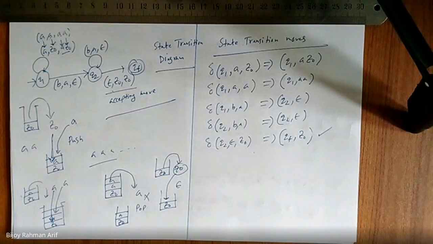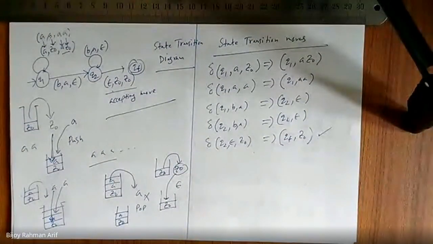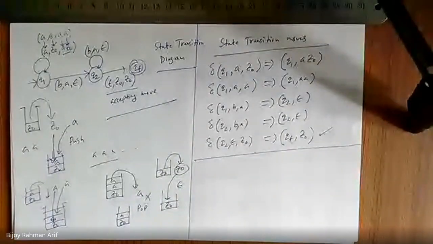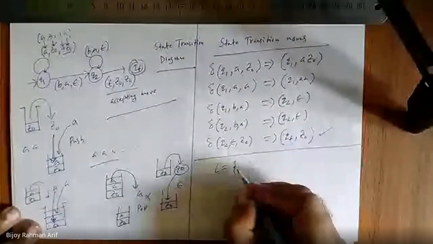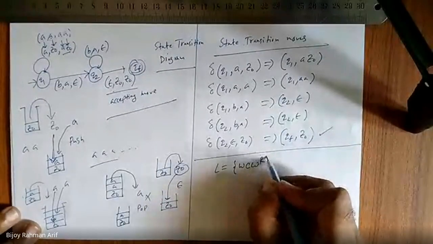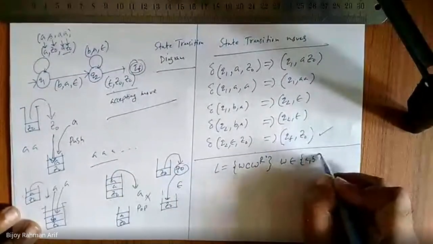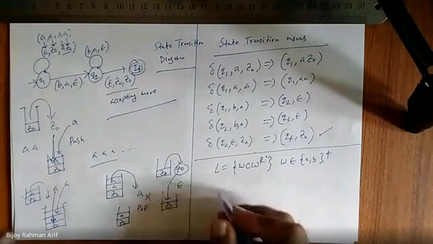All right, guys. Should we do more problems? Yes sir, an example. How about this? Look at the languages we have done before. W C W R, W belongs to {A, B}+.